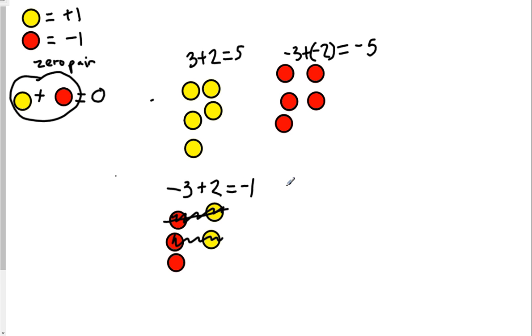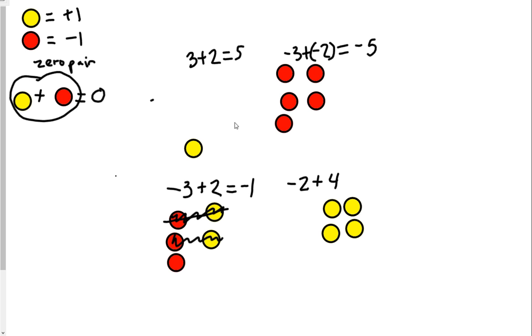Let's try negative 2 plus 4. So how would this look? Well, in this case, we'd have 1, 2, 3, 4 yellows and 2 reds, right? 4 yellows and 2 reds.